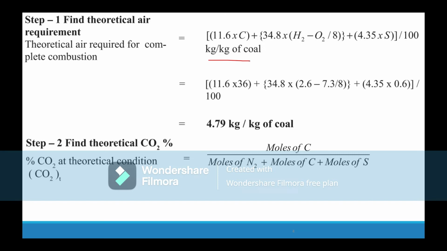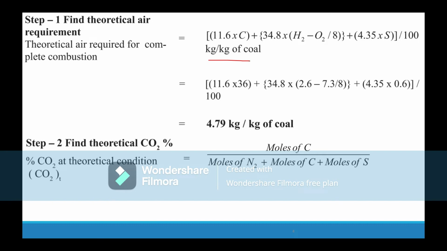The percentage of CO2 at theoretical condition equal to moles of carbon divided by moles of N2 plus moles of carbon plus moles of sulfur during the combustion. Nitrogen is available in the fuel as well as air, but nitrogen doesn't react with any combustible material and escapes from the boiler through the chimney.